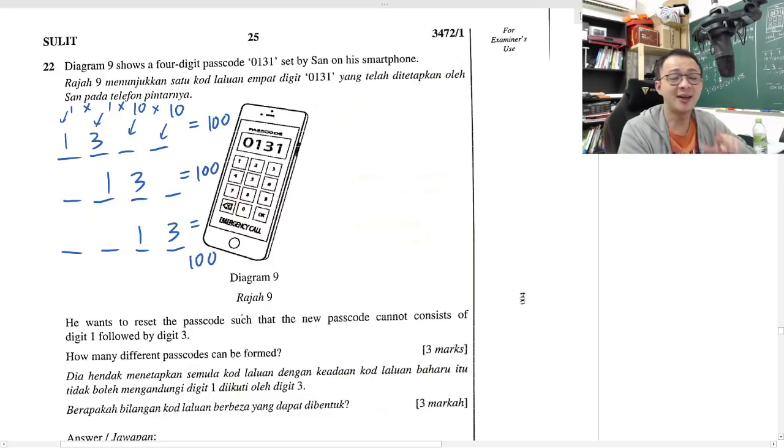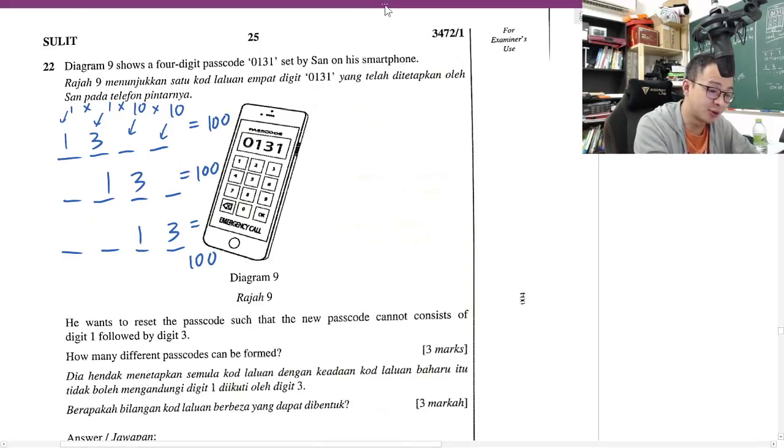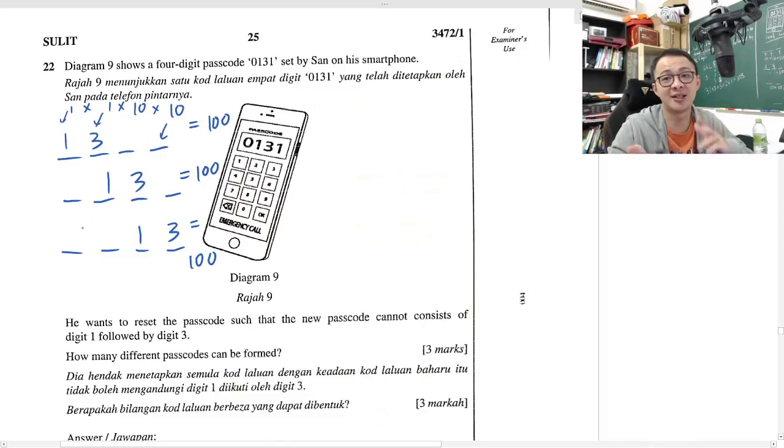Alright, but then we still need to minus 1 possibility. Because what? I will get 1, 3, 1, 3, isn't it? This might happen when I put 0 to 9 into here. If you look carefully, I might possibly get 1, 3 here or 1, 3 here. So I need to minus this possibility because this is what they cannot accept.